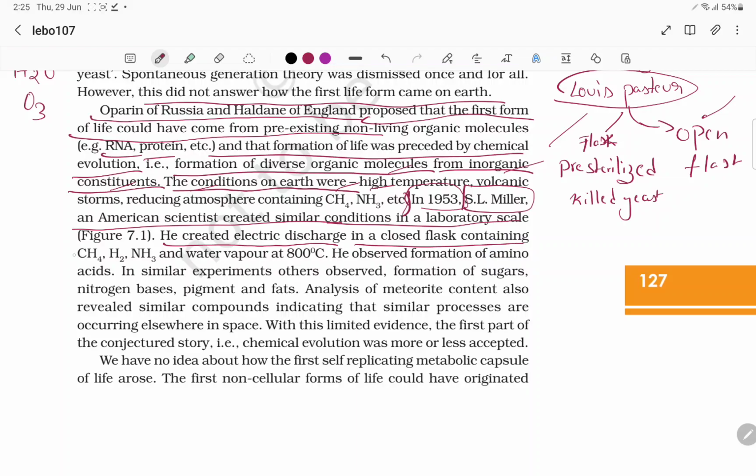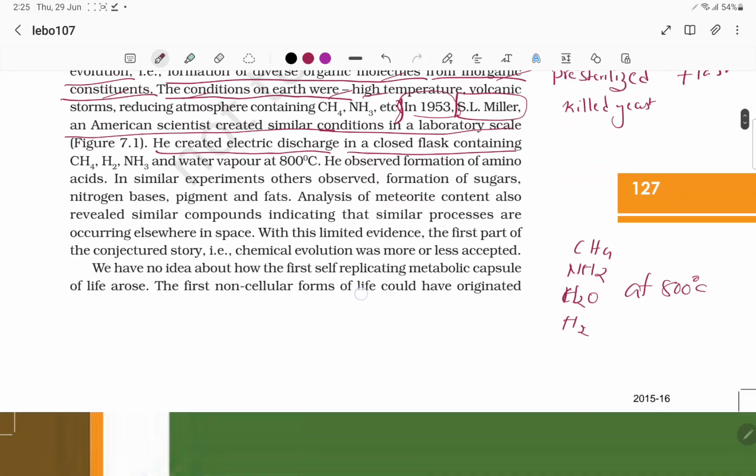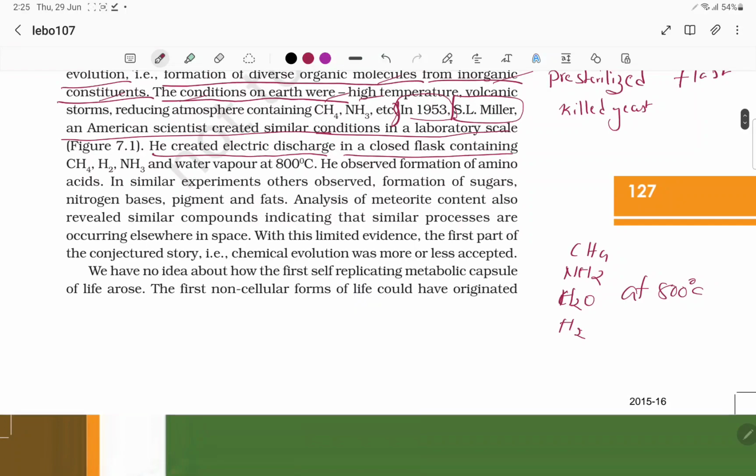He included the gases CH4, NH3, H2O, and H2, but he didn't take any carbon dioxide here. At 800 degrees Celsius, he observed the formation of amino acids. In a similar experiment he also observed sugars, pigments, fats, and nitrogenous bases.